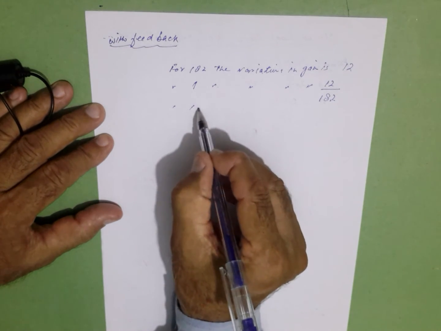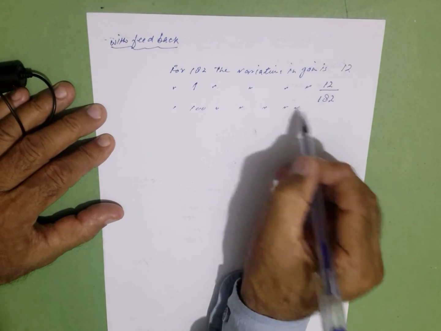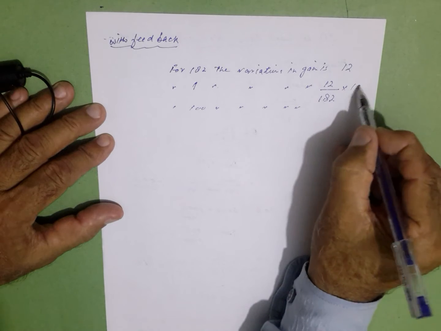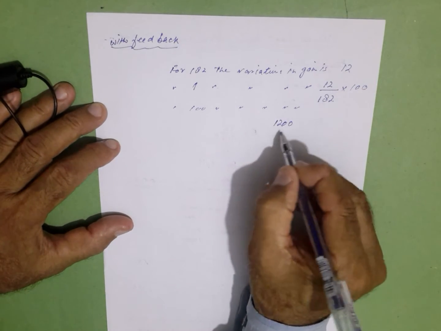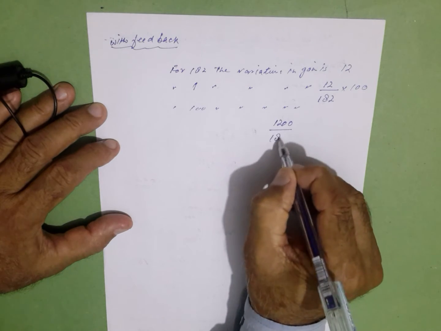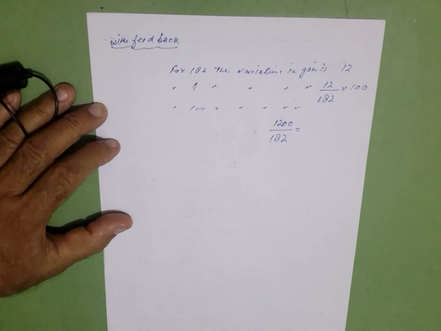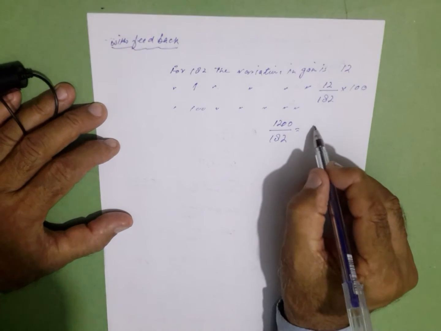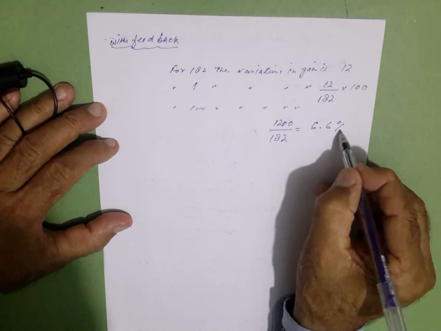For 100, the variation in gain is multiplied by 100 and becomes 1200 divided by 182, and by calculator, when you divide it, it comes as 6.6%.